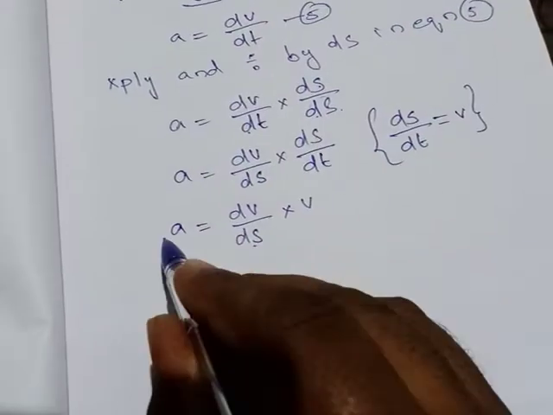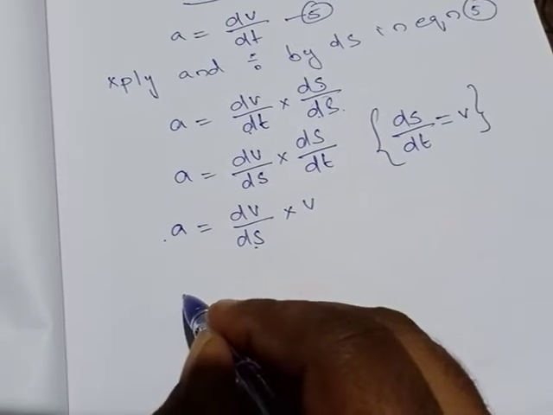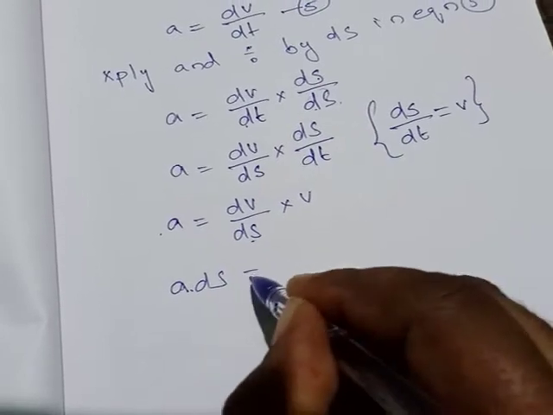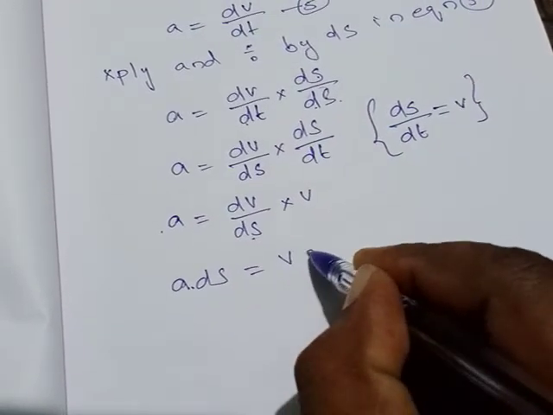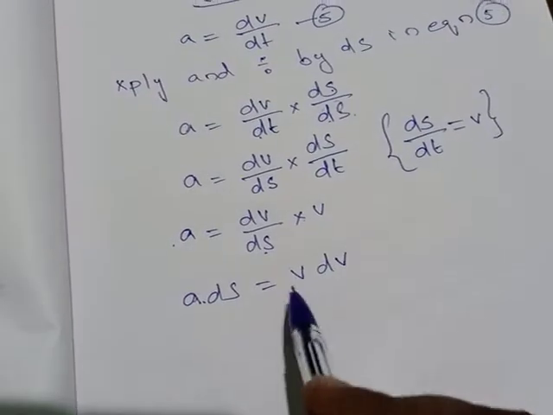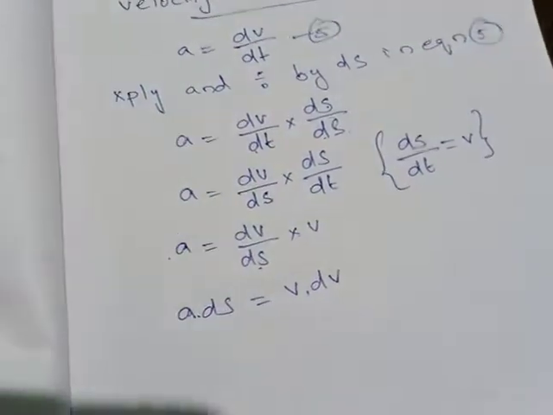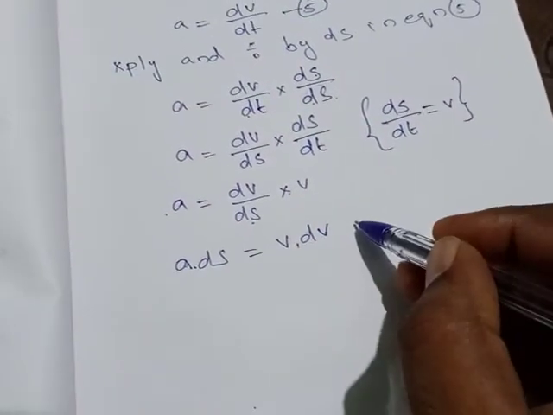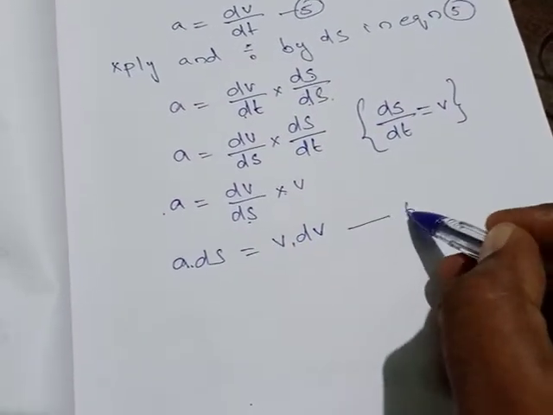Now take this ds this side, cross multiplication. So a ds equal to, you can write, v dv. Instead of dv into v, you can write v dv. That is our integration format. Now integrate this equation. I can put 6.